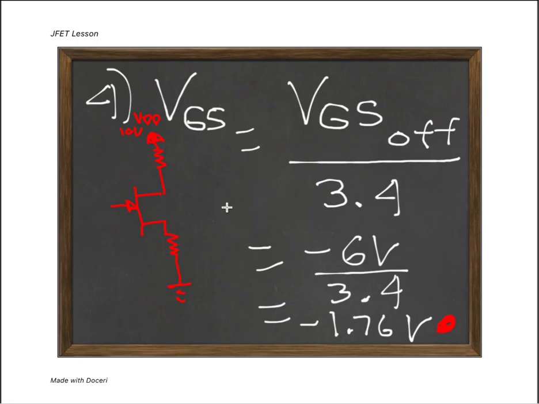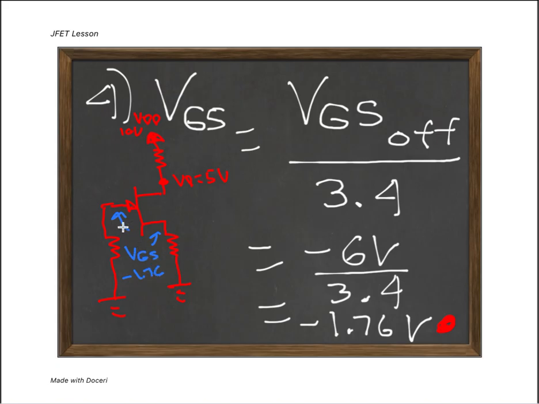Okay. So basically VD we want to be 5, and VGS we want to be minus 1.76.